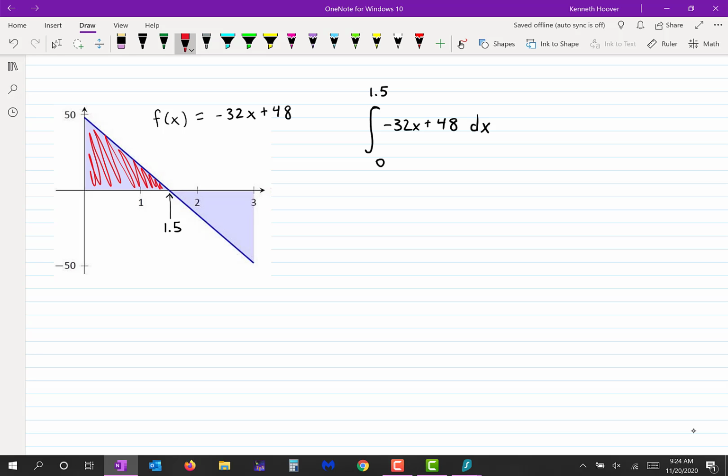That's just a triangle, right? The height is 48 and the width is 1.5, so you can calculate that without any special knowledge. It's 1/2 times the height times the width. And that would be 36, correct?